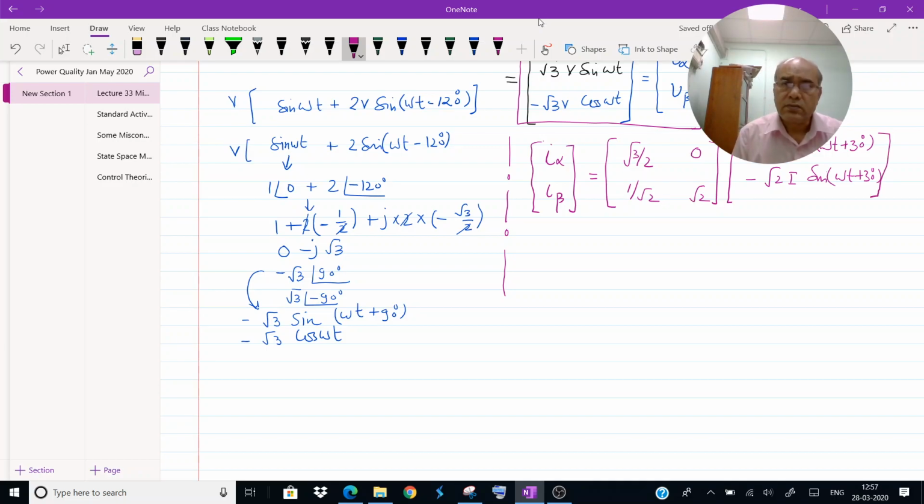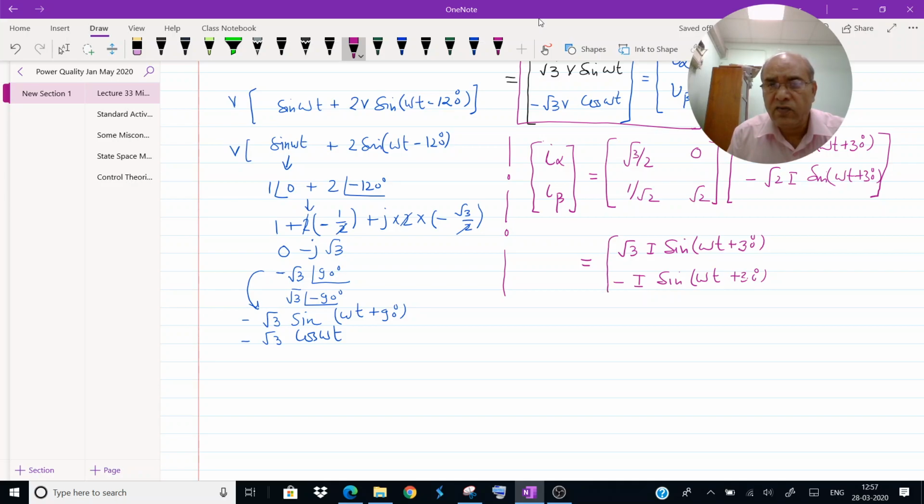Okay. Simplify this further, then we find the first becomes simply root 3 I sin omega t plus 30 degree, and the second becomes root 2 into 1 by root 2 into root 2, which becomes 1. So this is I minus 2I, so it becomes minus I sin omega t plus 30 degree.